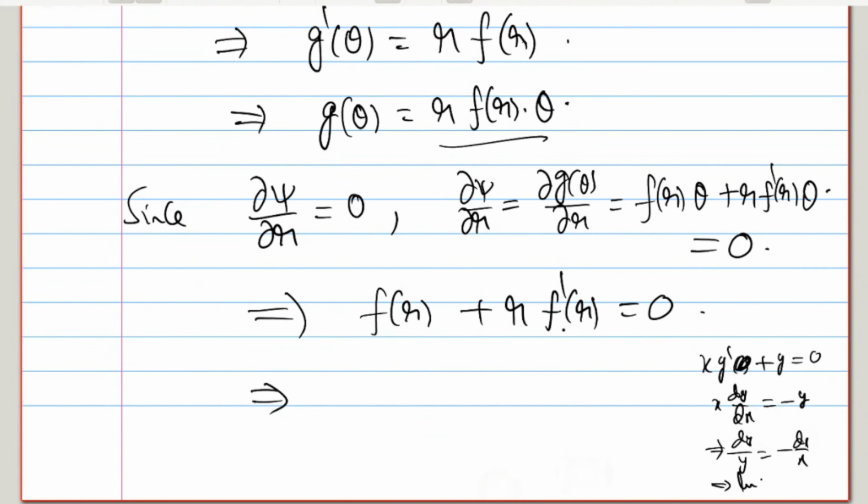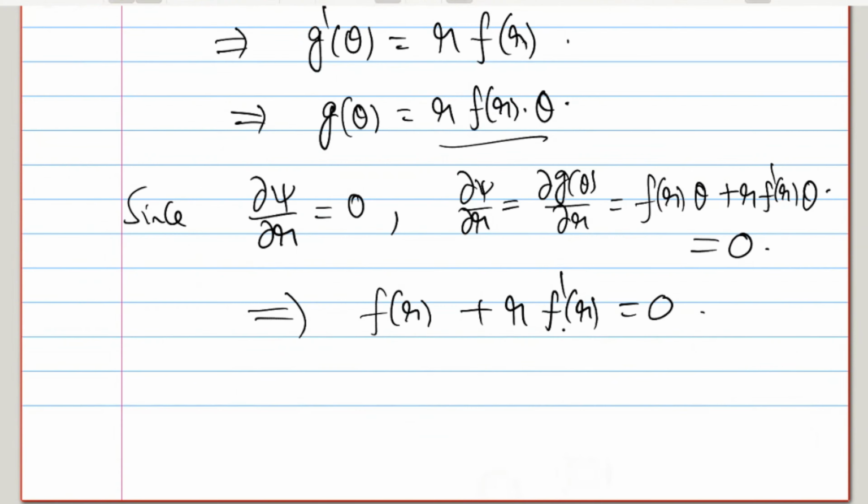What do you get here? ln y equal to minus ln x plus c, right? Minus ln c, you take it, so y equal to c by x. What is f of r? Sir, y equal to minus... then f of r equal to minus r into c.